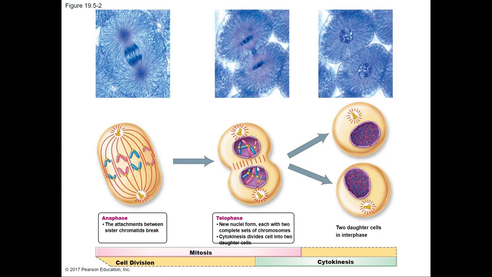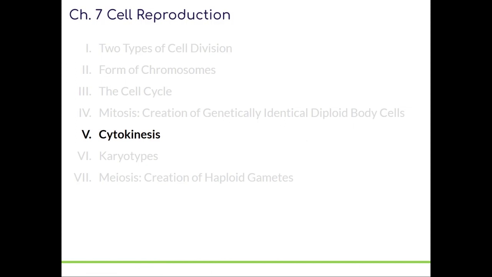So we have the new plate forming, which is going to separate one cell into two. And so at the end of cytokinesis, we have two new cells. The chromosomes have decondensed, and there's only one centriole. The nuclear envelope has reformed, and that'll be how the cell spends most of its life.